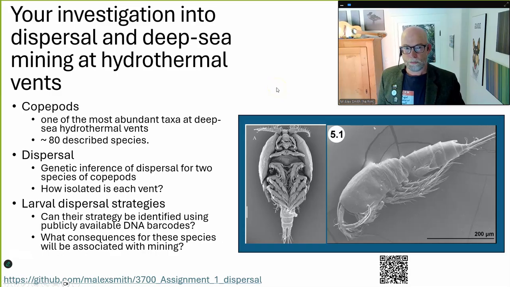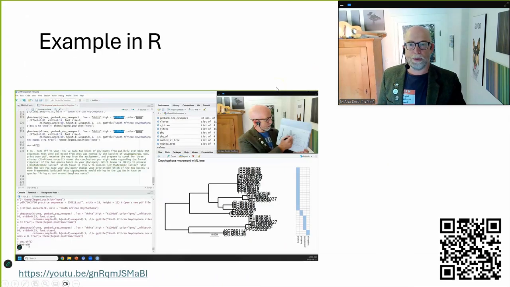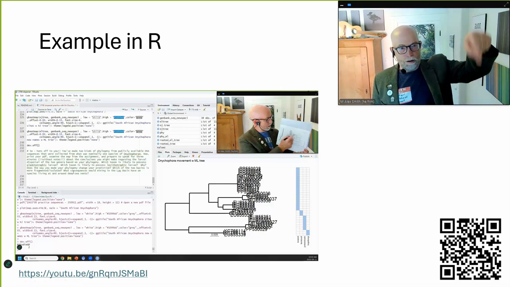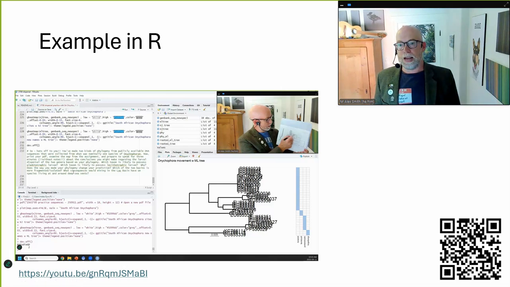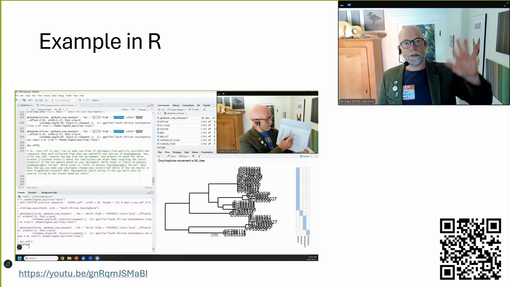Now, that's kind of the context. That's 40 minutes of context. There's another 30 minutes or so right down here where I go through a parallel example with a terrestrial invertebrate, and we figure out how to show you how to use R. And I know a lot of you know how to use R. You've used it in different classes, but I also know that a lot of the time your use of it is done in isolation and perhaps isn't that positive.